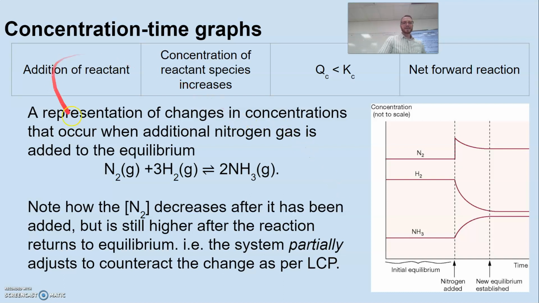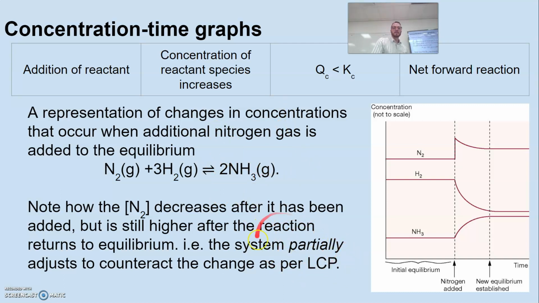If we're going to add reactants, remember the concentration of reactant species increases. The effect is that QC becomes less than KC, because reactants are on the bottom, meaning that the value of QC goes down, so we must shift forward in order to bring back to equilibrium.